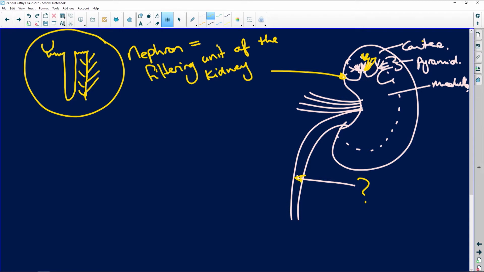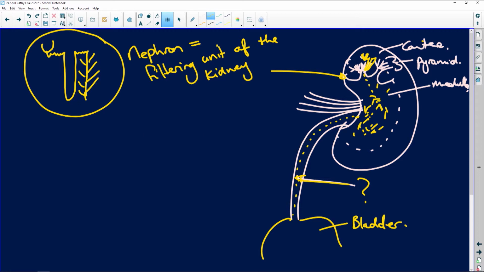Now, have you remembered what this pipe here is called? The urine's going to come here, and the urine collects here, and then the urine goes into the bladder. What is this called? Is it the urethra or the ureter? Come on, people. Which one?